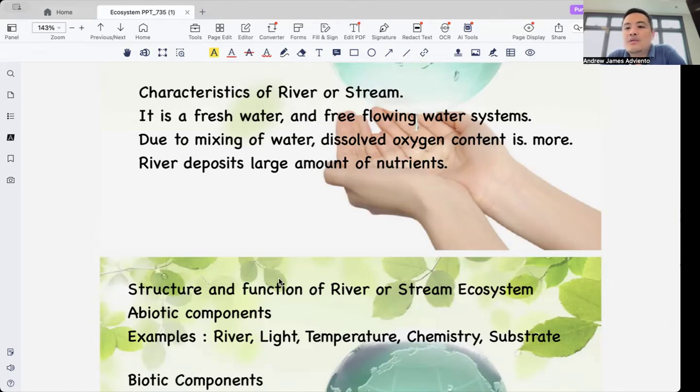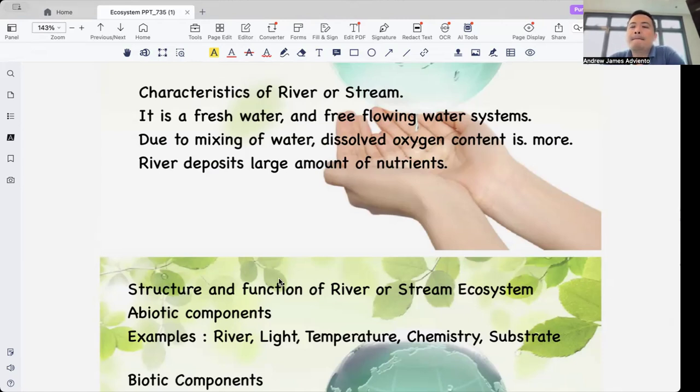It has its own zonation as well. It has an upper course, which is the source, fast flowing and cold. The middle course widens and slows down, and then the lower course is deep and nutrient rich.